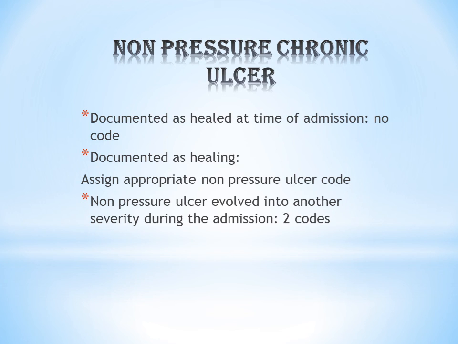Documented as healing: if it is mentioned as a healing ulcer, you have to code whatever the stage is, that stage you have to code. Then last one, non-pressure ulcer evolved into another severity during admission. From one severity to another severity, you have to code for both.